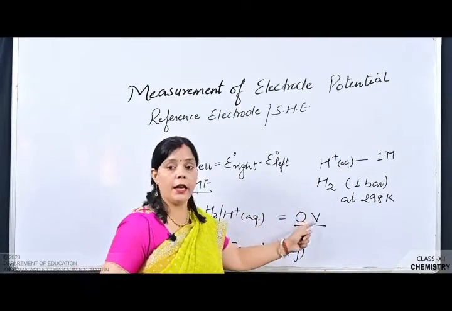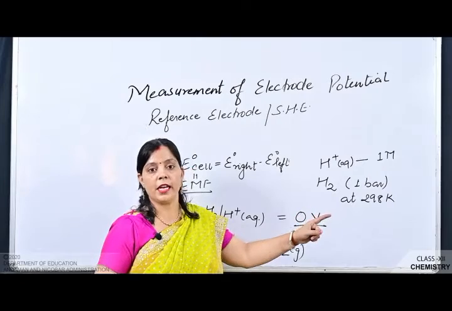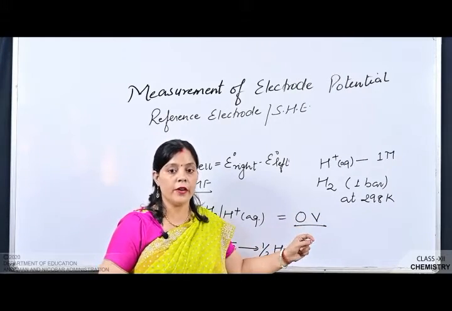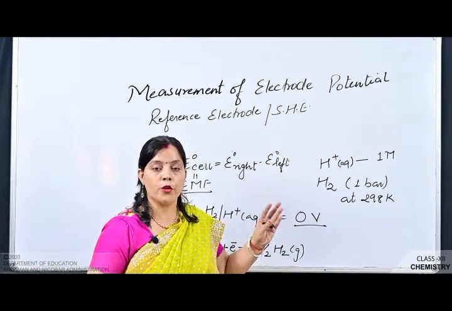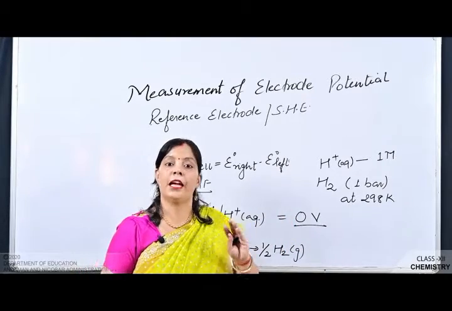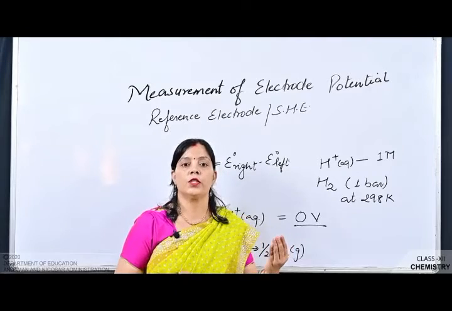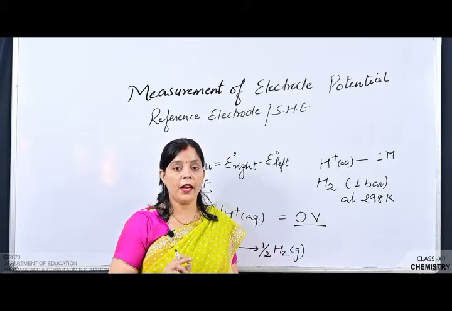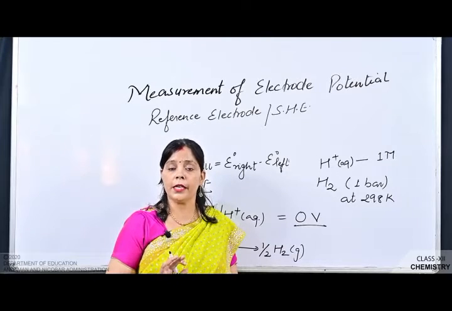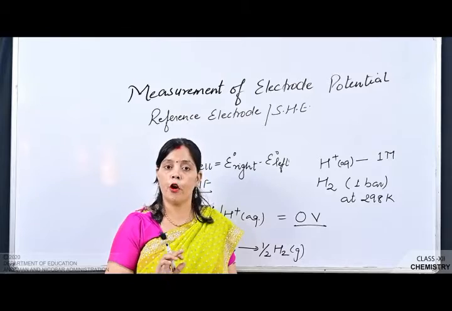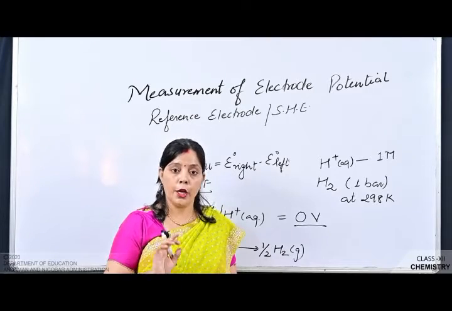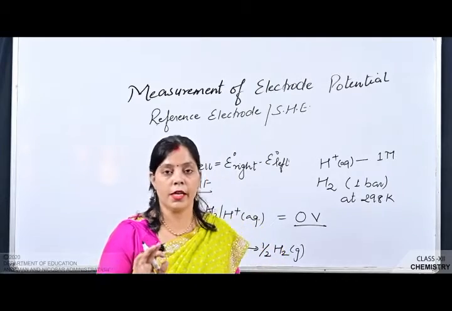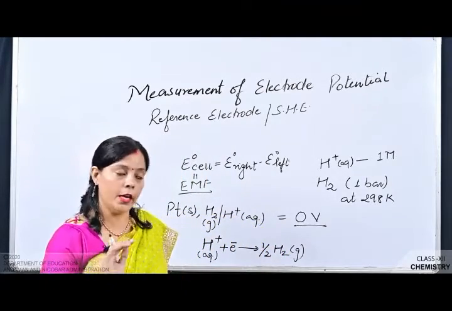Both the oxidation and reduction reactions take place in the standard hydrogen electrode, at the platinum foil, which is coated with finely divided platinum. Hence the anode as well as cathode reaction can be represented, and here the platinum foil acts as both anode and cathode.